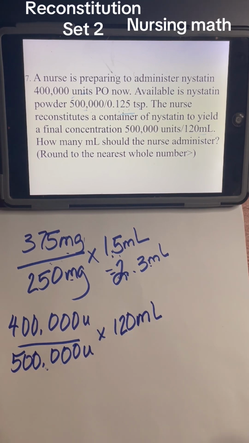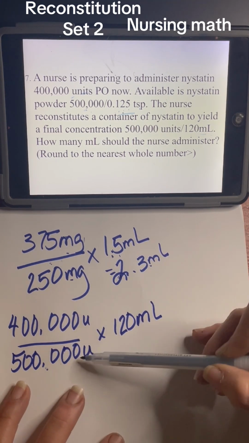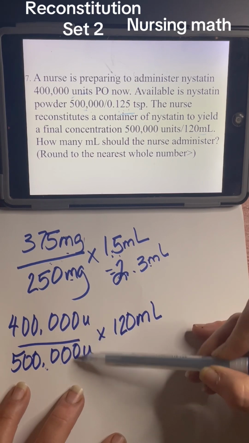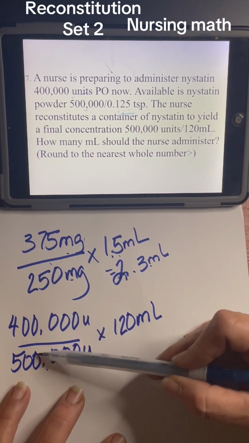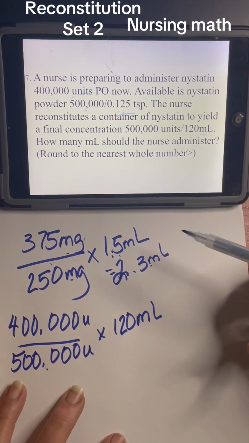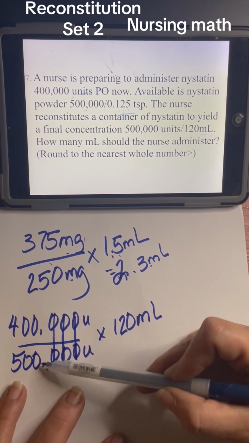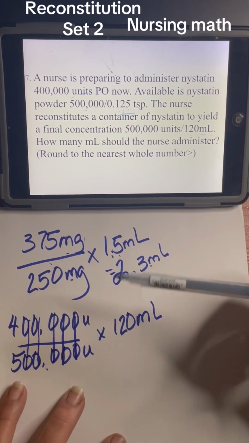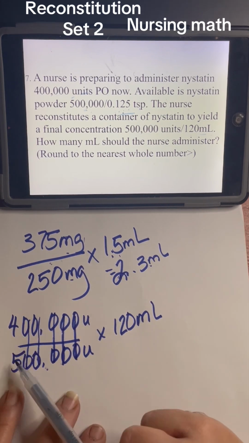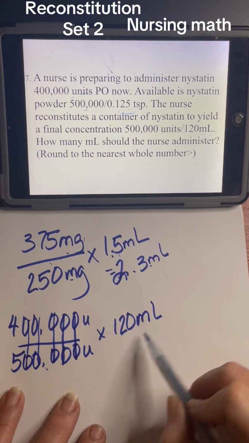And I'm going to tell you this, and I hope it don't throw you. But when you have two numbers like this, you see how they each have zeros in the same spot? You can mark those out. And it ends up being 4 divided by 5 times 120.